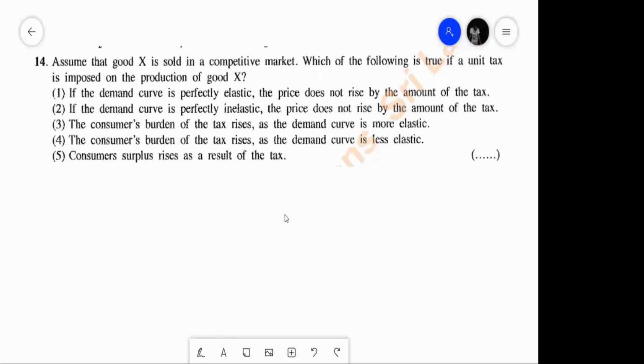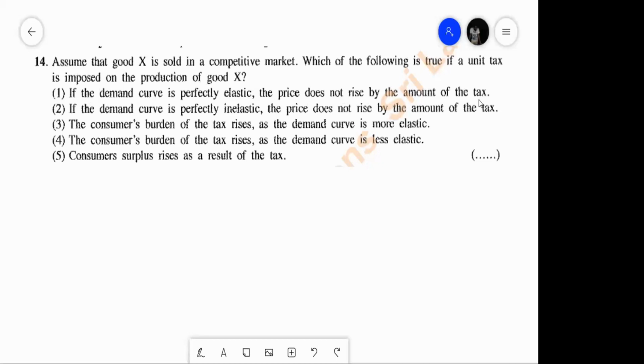Okay, assume that good X is sold in a competitive market. Which of the following is true if a unit tax is imposed? For this, it is a little bit of a tricky question you have to draw and figure out. If the demand curve is perfectly elastic, the price does not rise by the amount of the tax. Perfectly elastic, entire tax burden will be borne by the producer.